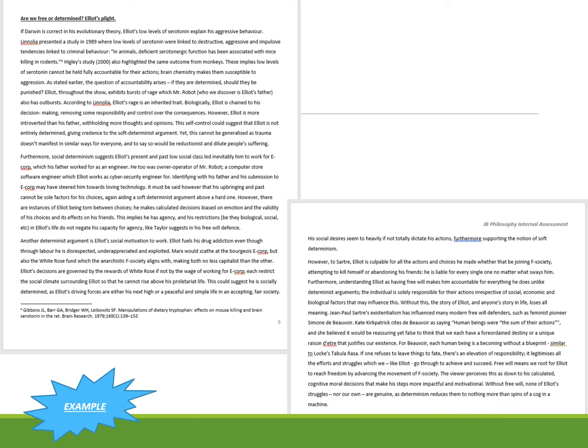So here in the example student's IA, you can see that their analysis is quite clearly signposted with the heading, "Are we free or determined? Eliot's plight." And that indicates to the reader that the next section is going to be an interrogation and investigation into just how viable each argument is in order for a conclusion to be reached.